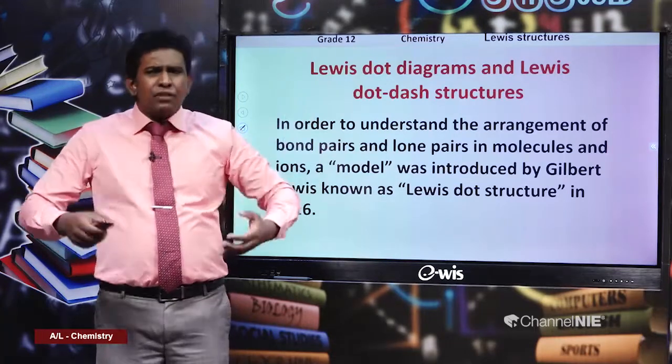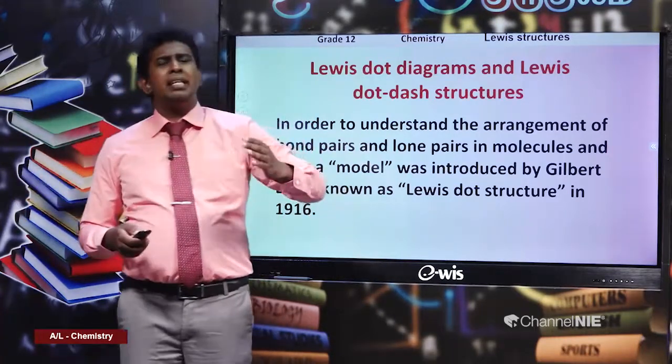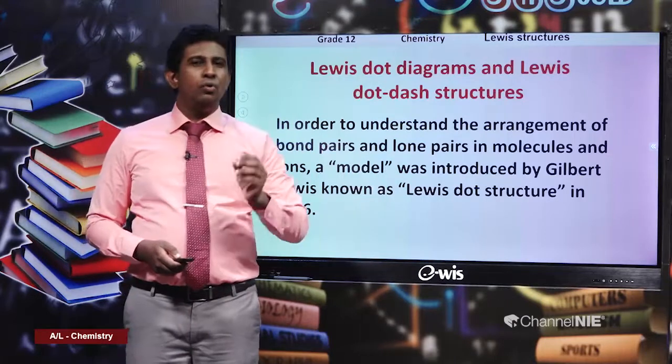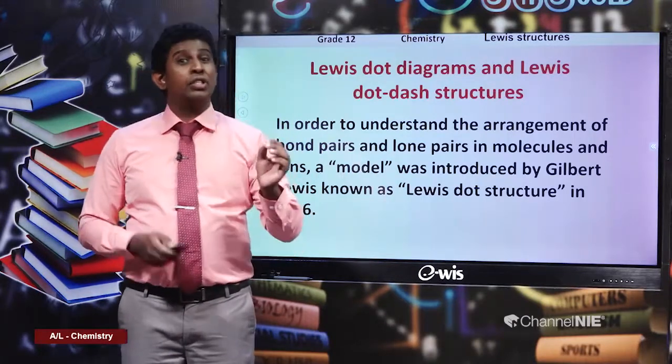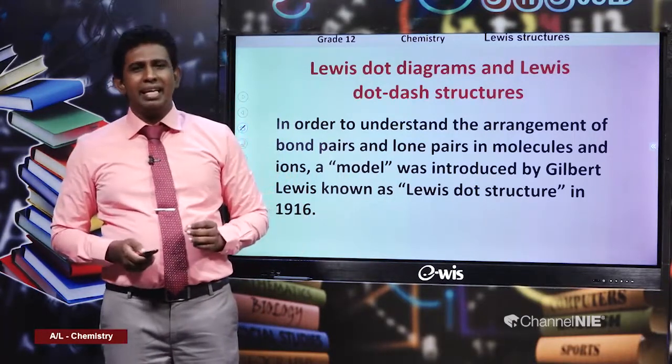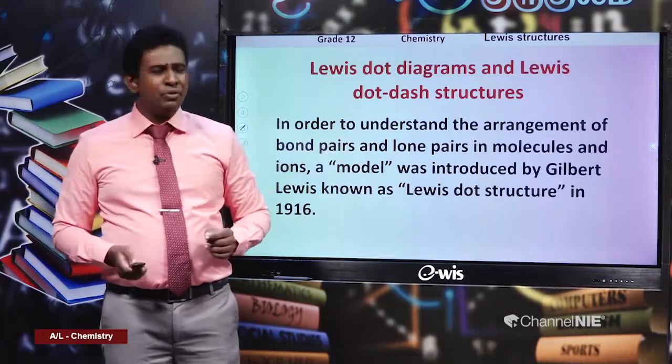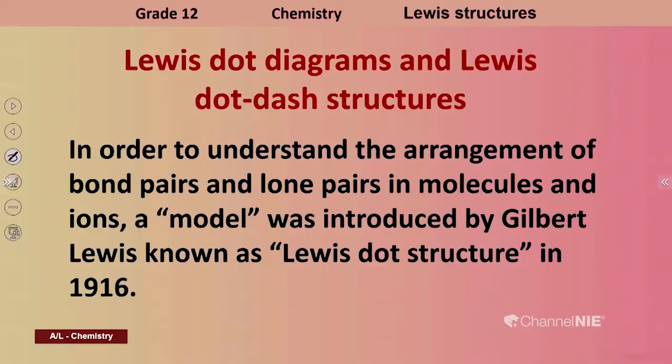But let's first look at all the different types: Lewis dot diagrams, dot cross diagrams, and dot dash diagrams. Students, in order to understand the arrangement of bond pairs and lone pairs in molecules and ions, a model was introduced by Gilbert Lewis in 1916.